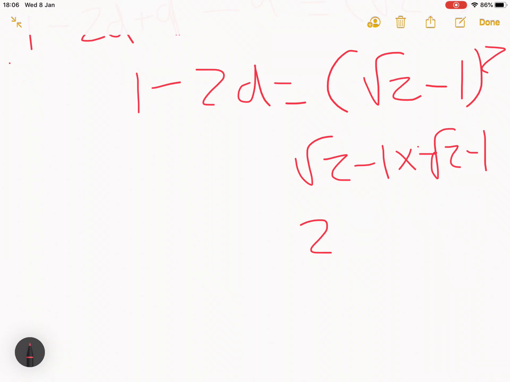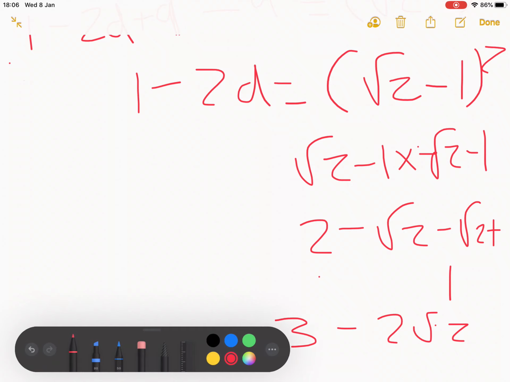Minus 1 times root 2 is minus root 2. And then the same for root 2 times minus 1 is minus root 2. And then minus 1 times minus 1 is just 1 squared, which is just 1. So plus 1. Overall we just get 2 plus 1, which is 3, 3 minus 2 root 2.